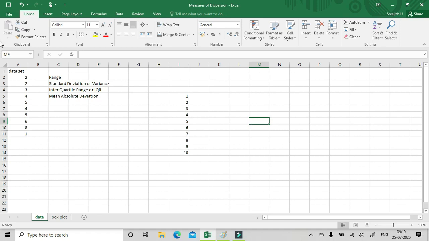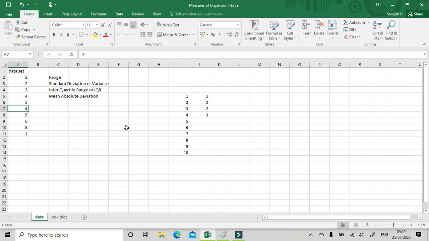Alright, so let's arrange in ascending order. Lowest value here happens to be 1. Let's have 1 there. Then we have 2's, 2 and 2. Do we have any more 2's? No more 2's. Then we have a 3. There is a 4.